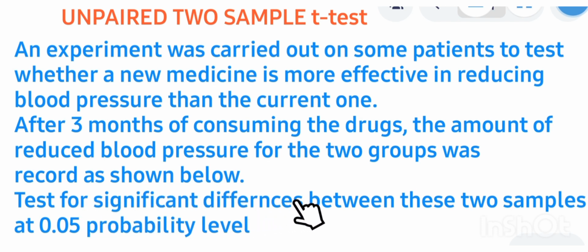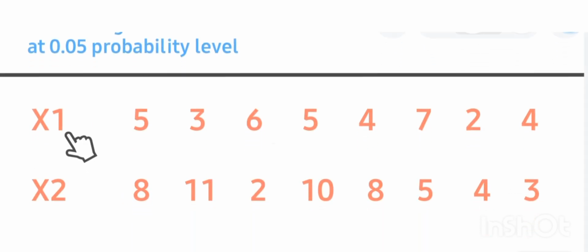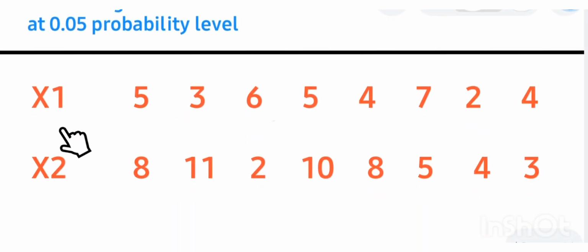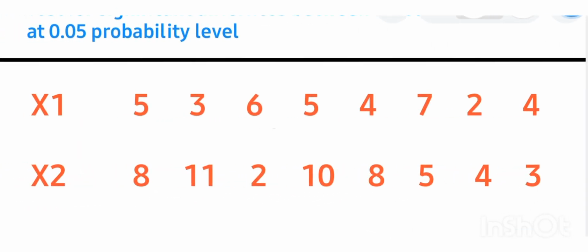Test for the significant differences between these two samples at 0.05 probability level. This table shows the reduced blood pressure for these patients. For group 1, we could see the reduced blood pressure after 3 months of consuming the current drug, while group 2 shows the reduced blood pressure for these patients after 3 months of consuming the new medicine.